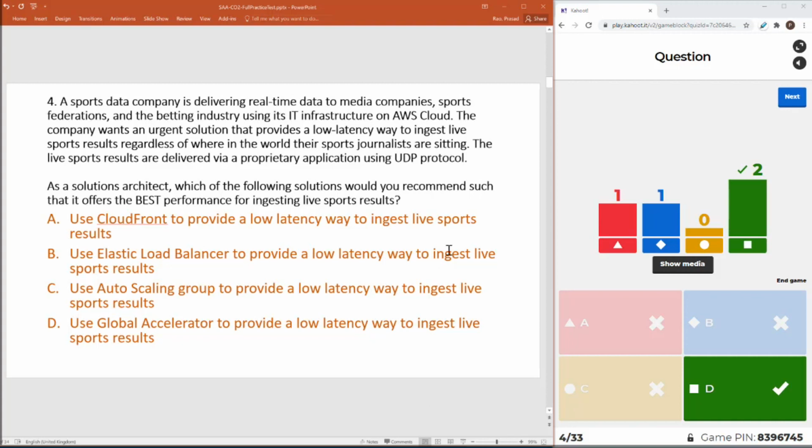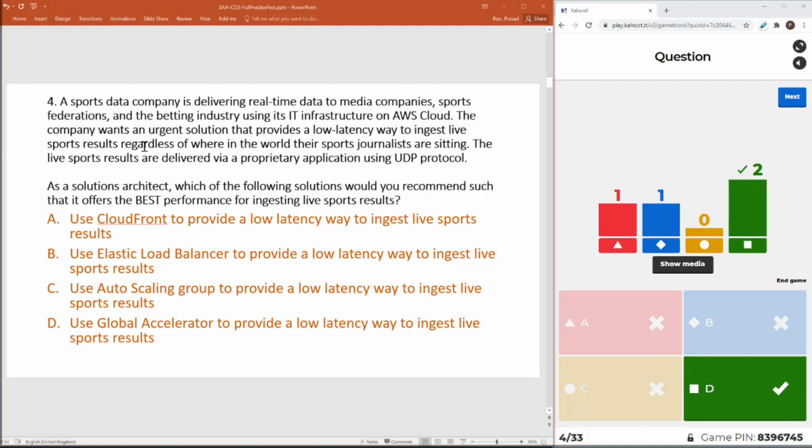The question is asking that the company wants an urgent solution that provides a low latency way to ingest live sports results. When I say ingest, it means they want to upload it. So they want a way to upload the data quickly.